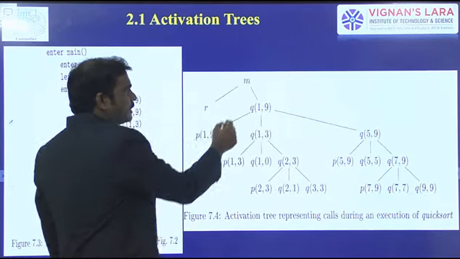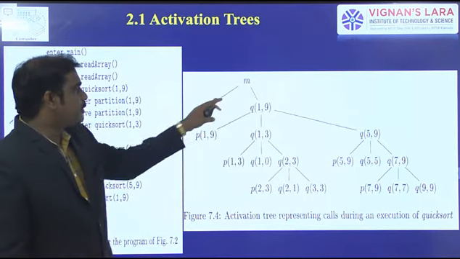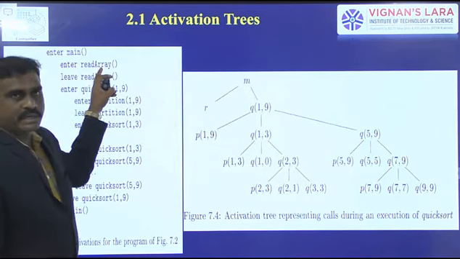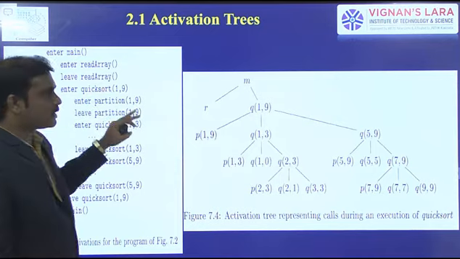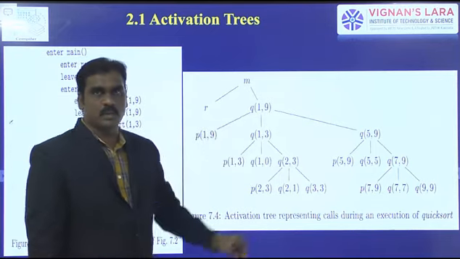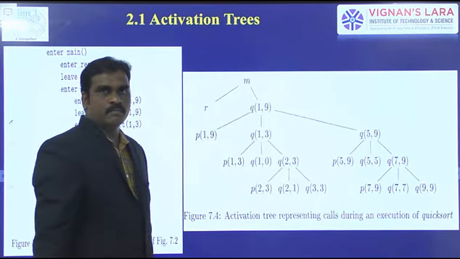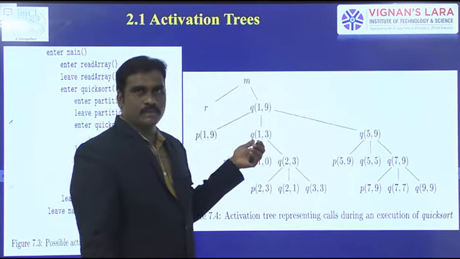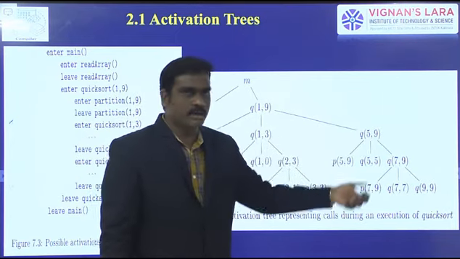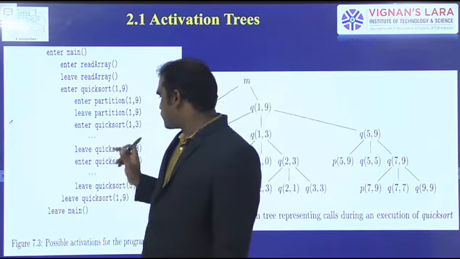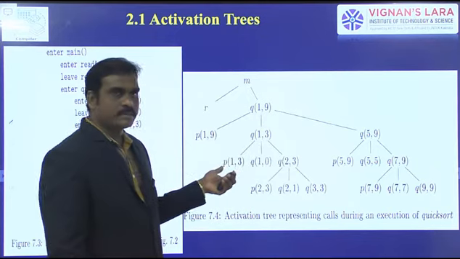M is the main program. Initially the main program starts with read array, and then quicksort 1, 9. Next it calls procedure partition 1, 9. So initially it is divided into two parts: Q 1, 3 and, the same way, Q 5, 9 as per the algorithm. Again the procedure partition is called.